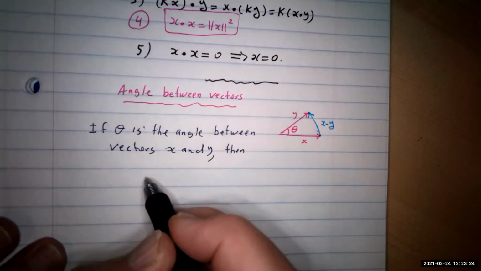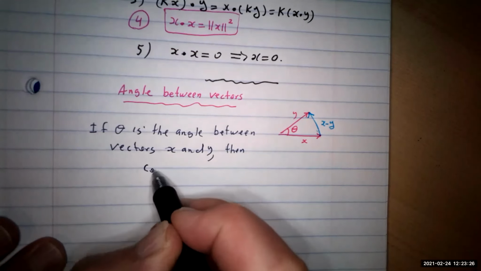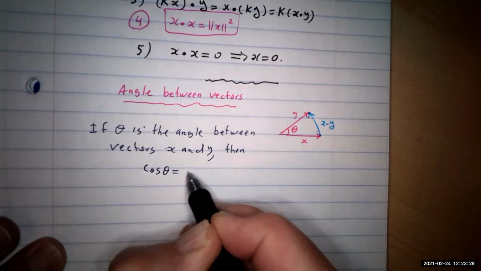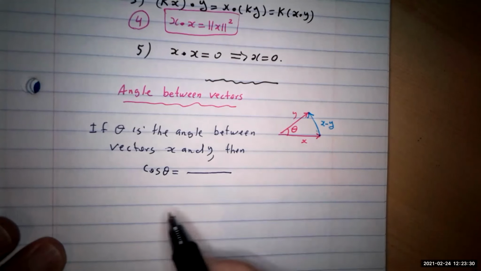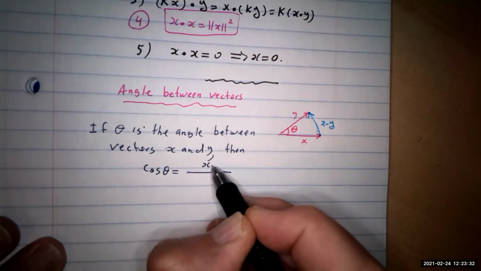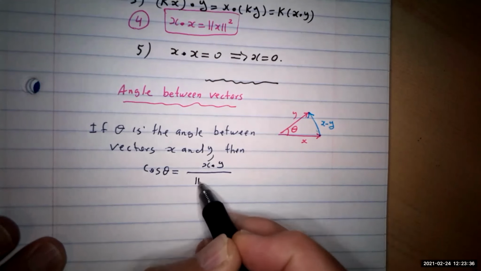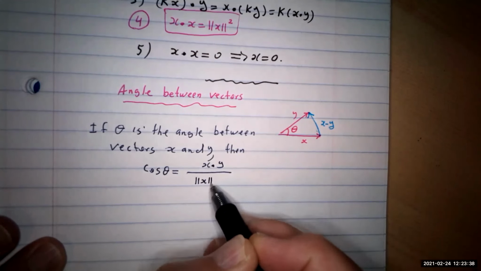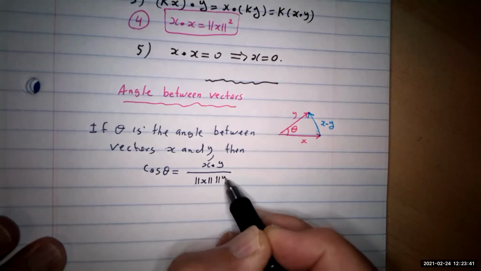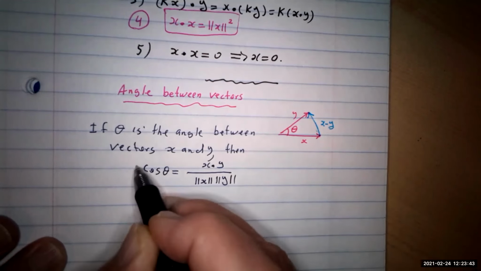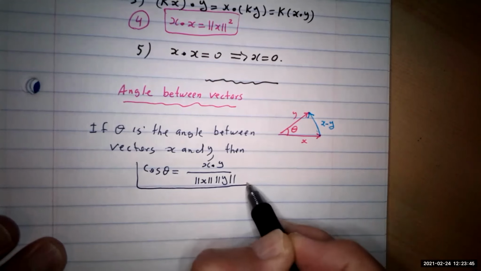We have a cosine formula. Cosine of theta is going to be equal to x dot y over the norm of x times the norm of y. You may be surprised, but I'm going to show you how you arrive at this formula.